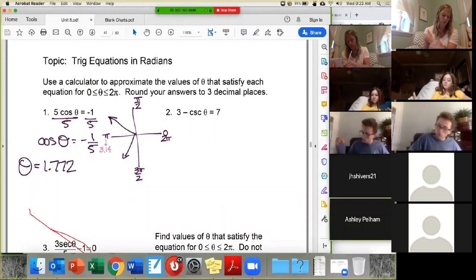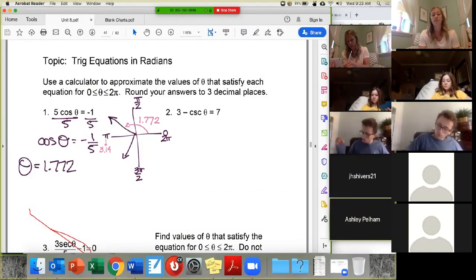So where does 1.772 fall then? Quadrant 2. And that's important for us to know because, just like when we had that 132 degrees going over here, that helps me to know that this 1.772 is not my reference angle.